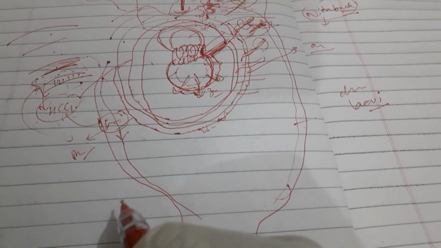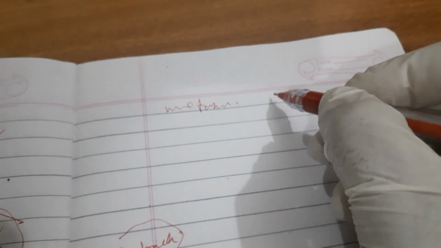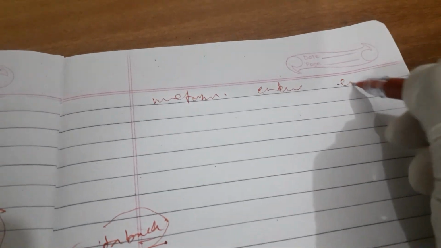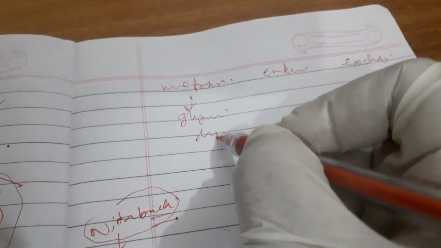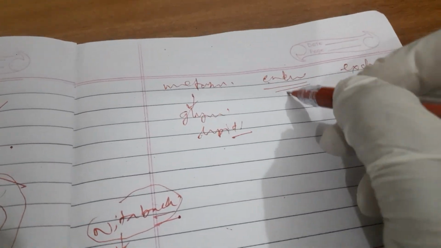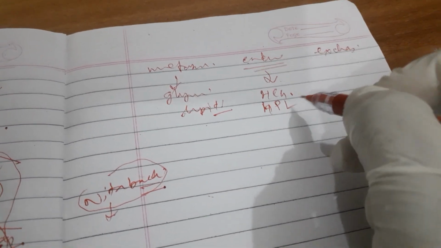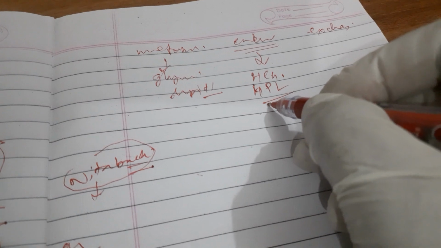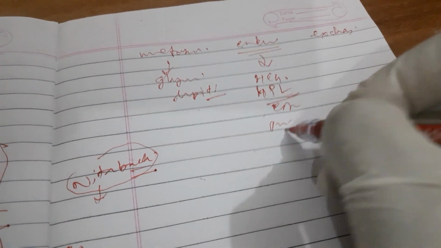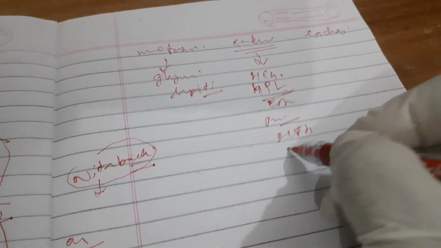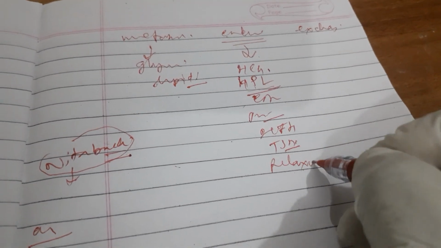Now coming to the function of the placenta: it has metabolic function, endocrine function, and exchange function. In the metabolic function it stores glycogen and lipid. In the endocrine function it gives rise to HCG, human placental lactogen, HPL, also called somatomammotropic hormone, and estrogen, progesterone, ACTH, TSH, as well as relaxin.